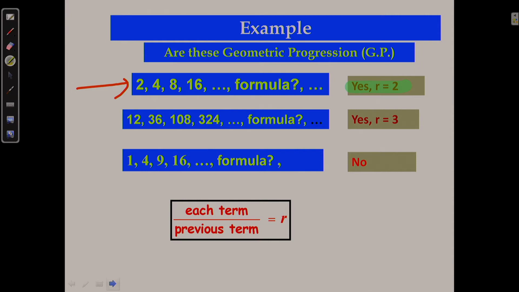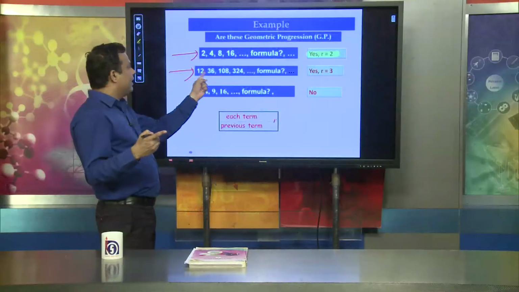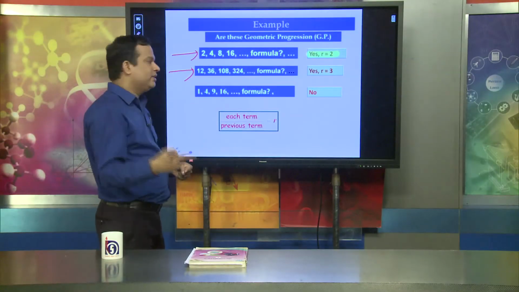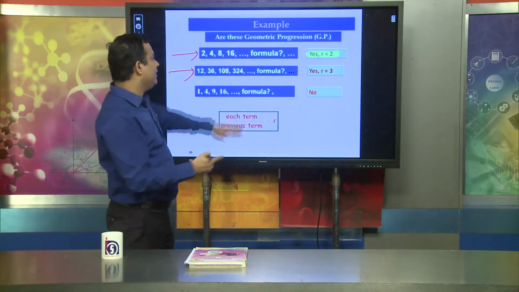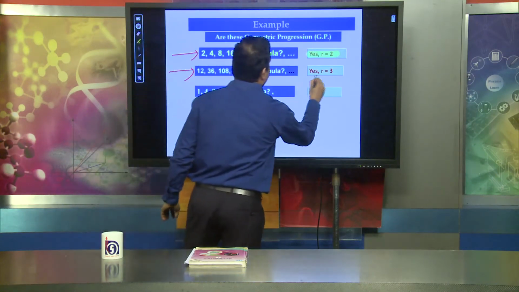In the second case, when you observe 36 by 12, the value is 3, and 108 divided by 36, the ratio is 3. In all cases again you will find R equal to 3.